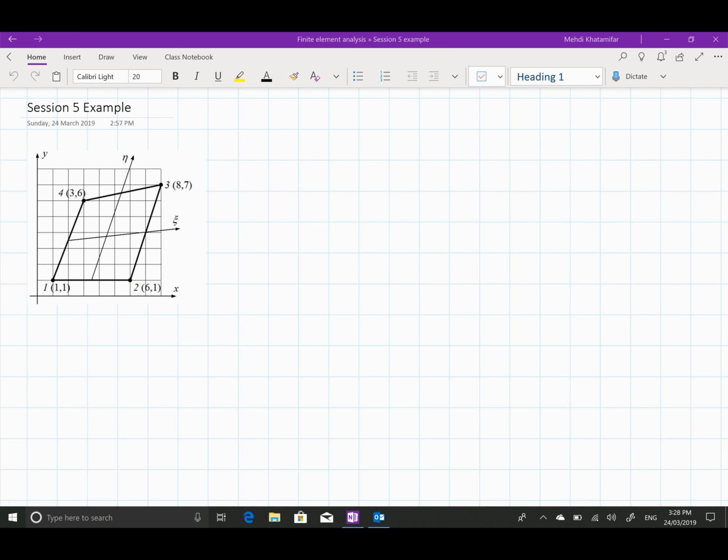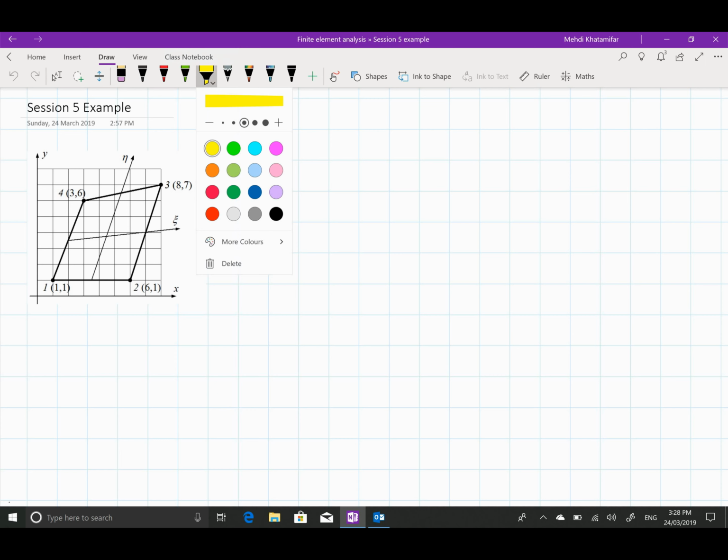Okay, so as you can see, this element has 4 nodes. Node number 1, then number 2, number 3, number 4, and we name these nodes counterclockwise.